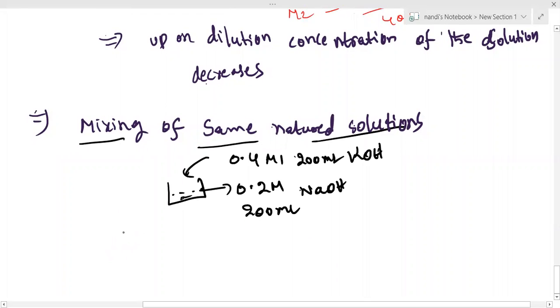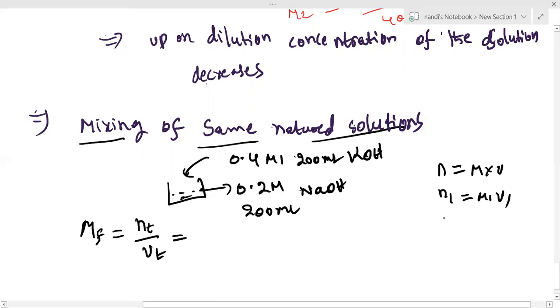So in this case, we need to find the resultant molarity. That we call M final or M resulting, equal to the basic molarity formula, total number of moles by total volume, V total. Already we know the number of moles in terms of molarity and volume, n equal to M into V. Suppose n1 we can write M1 V1, n2 we can write M2 V2.